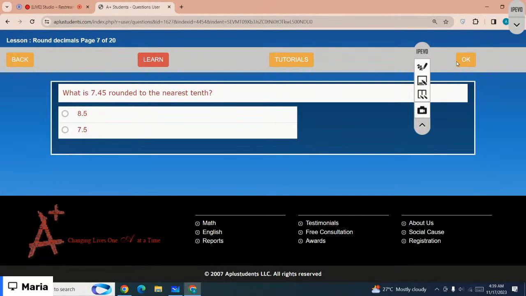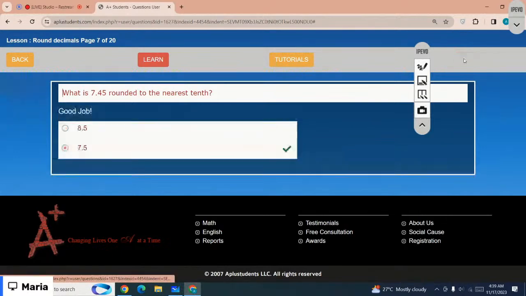It is rounded off to 7.5. The correct option is 7.5.